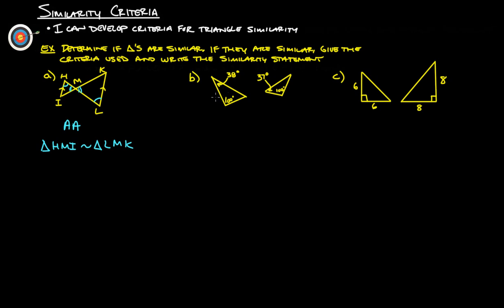All right, B. We've got 38, 100, 37, and 100, so those two are obviously the same. This is 38 and that's 37. Let's figure out what one of these last angles is going to be, right? Let's call this X right here. So we know that 100 plus 38 plus X has to equal 180, right?